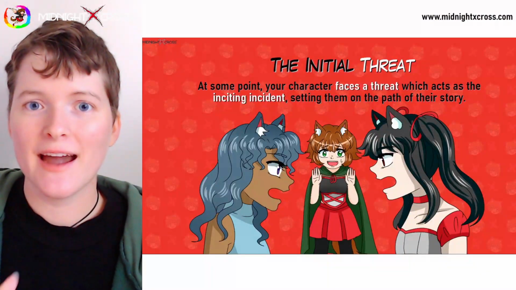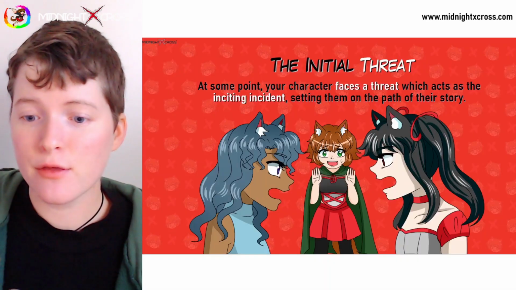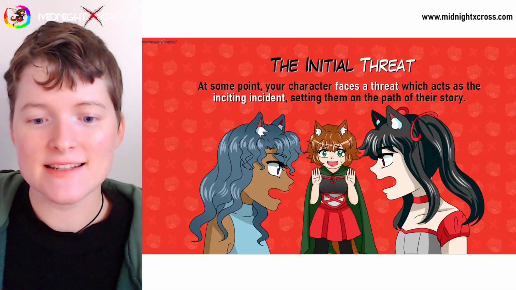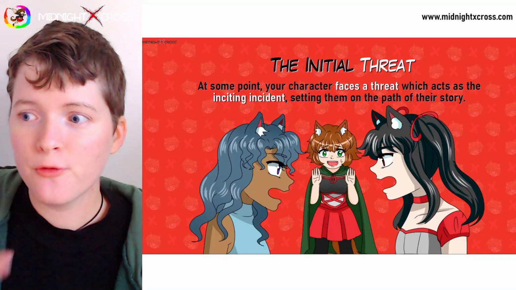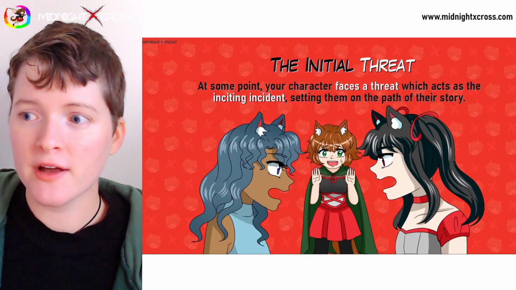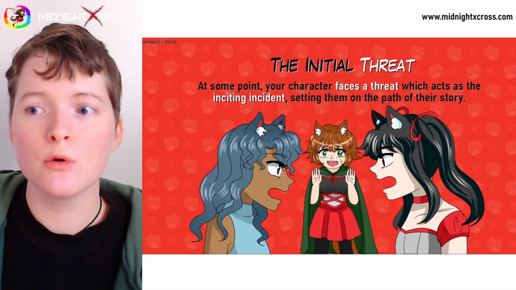Now, the next stage of your character's arc is the initial threat. At some point, your character faces a threat which acts as the inciting incident, setting them on the path of their story. This is an event that forces your character to really reflect on their story and their situation, and it really pushes them towards a particular goal in the story. So in general in a story, usually the main story will be following the protagonist's goal.